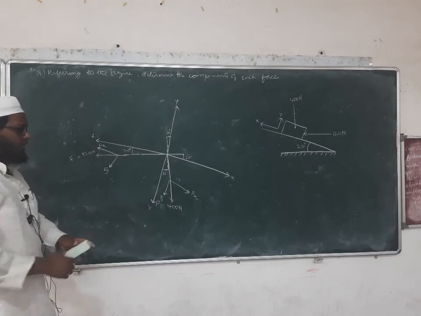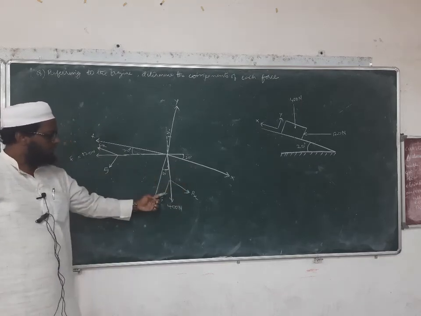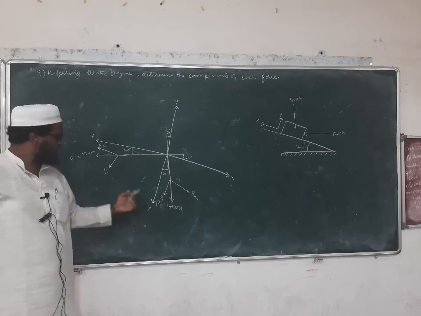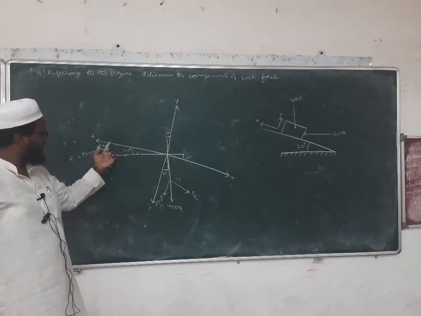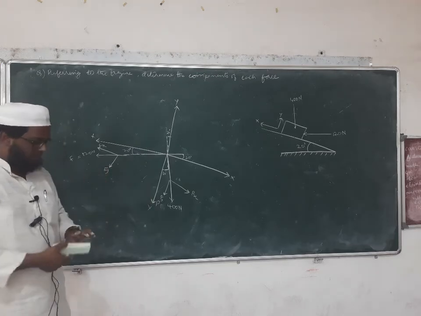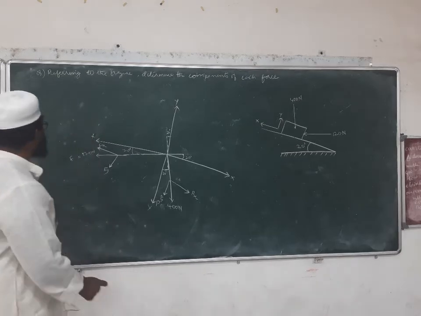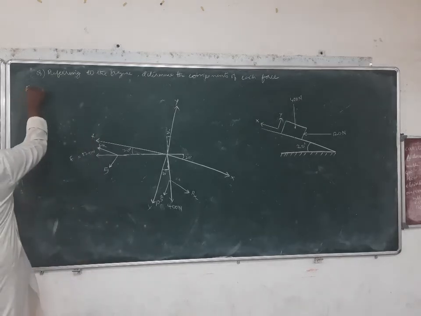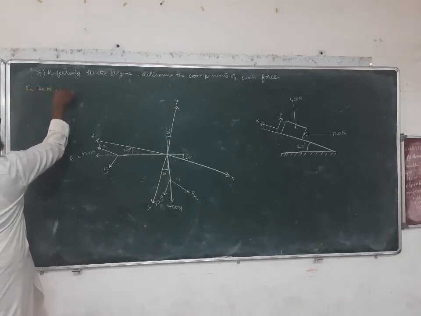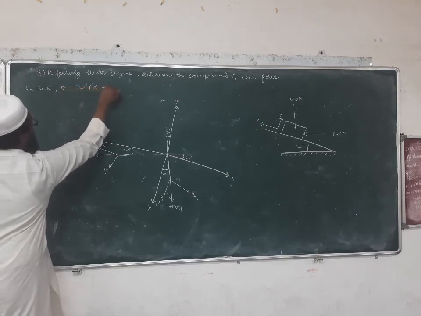Always remember the components: the x component should be parallel to this new x axis and the y component should be parallel to this new y axis. Similarly, this x component should be parallel to this axis and the y component should be parallel to this y axis. Now we can easily calculate, since the angle is with the horizontal in this case, so F is equal to 120 newtons and theta is equal to 20 degrees with the x axis.